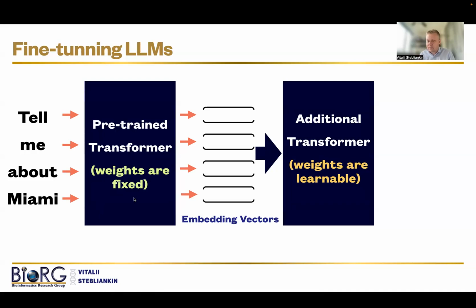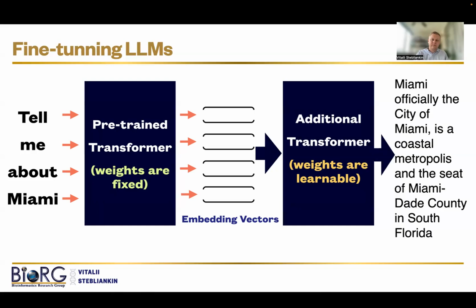So all we need to do is provide a few examples of what we want, and then the model is going to adjust for novel questions that it hasn't seen before. So then here the output will be, okay, tell me about Miami. Miami officially is the city of Miami, the coastal metropolis, and the seat of Miami-Dade County in South Florida. So that could be the answer to this question.